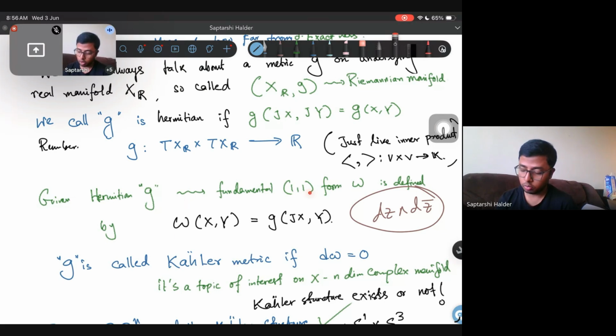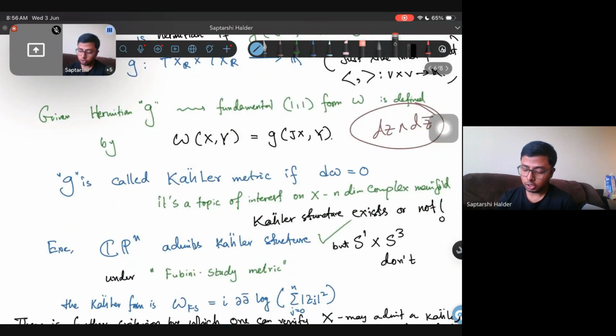We call this omega(x, y) the fundamental (1,1)-form if this holds. It's a metric, right? So x and y take two vector fields and spit out a real or complex number, because we are in a complex setup, a complex manifold. So G takes Jx and y, and we define it like that.